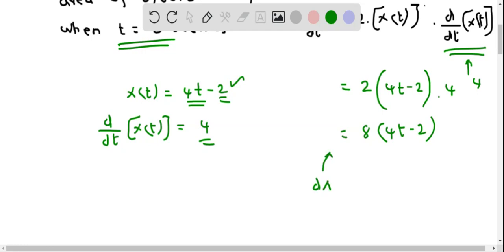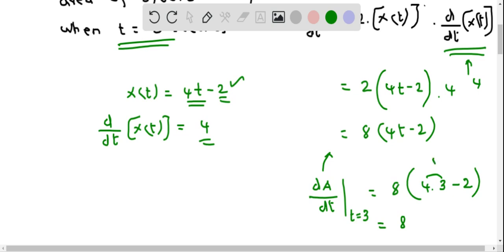So therefore, dA over dt when t equals 3 seconds equals 8 times, I replace t by 3. So therefore, this becomes 4 times 3 minus 2, and this equals 8 times, 4 times 3 is 12, and 12 minus 2 equals 10.